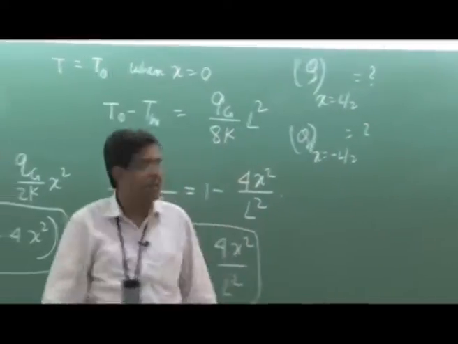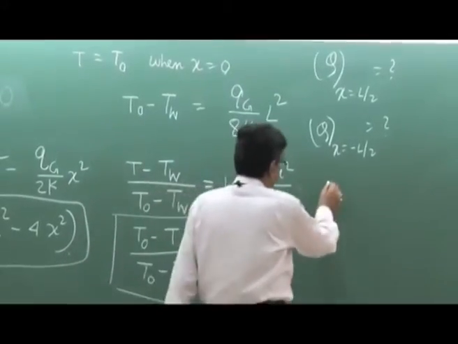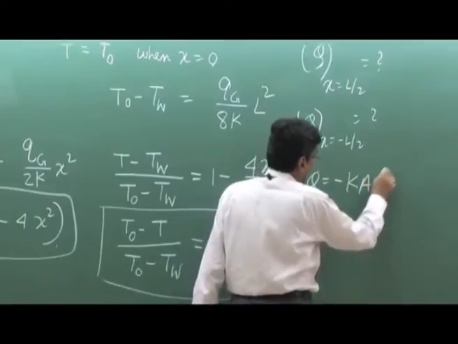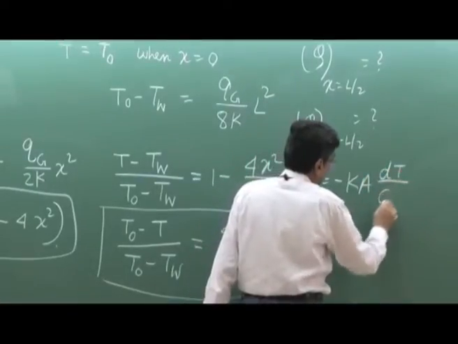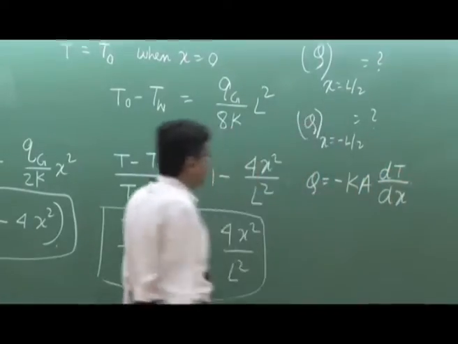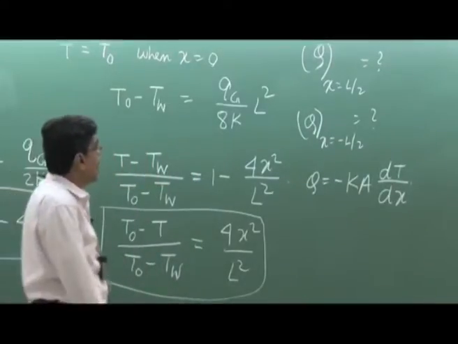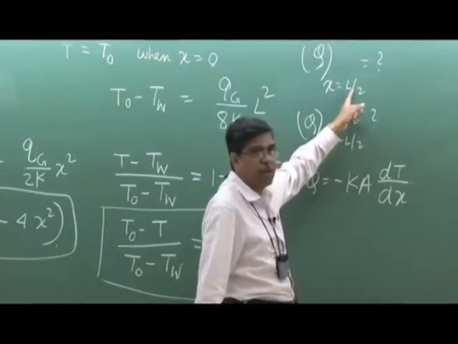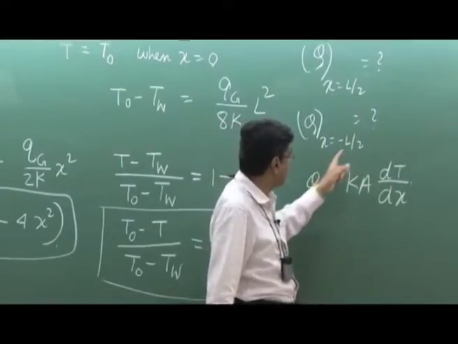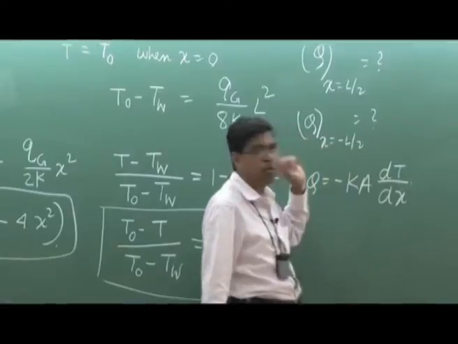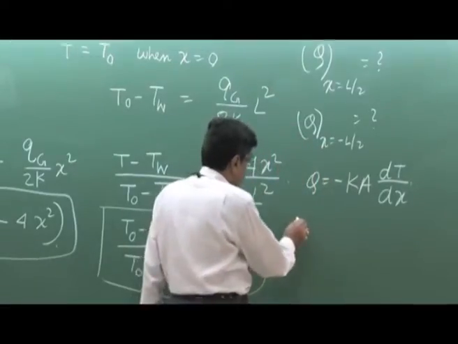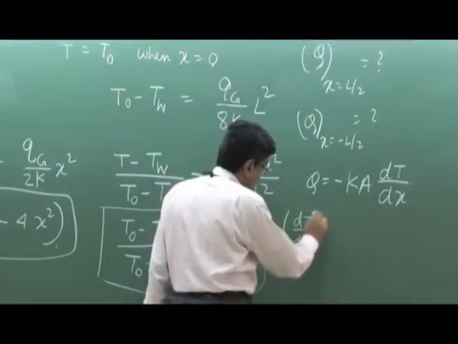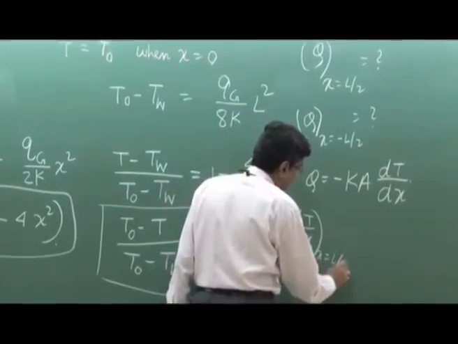Now let us write that Q is equal to minus KA dt dx. That is by Fourier law of heat conduction. So at x is equal to L by 2, it will be dt dx at x is equal to L by 2, and at minus L by 2, it is dt dx at x is equal to minus L by 2. So what is dt dx at x is equal to L by 2?